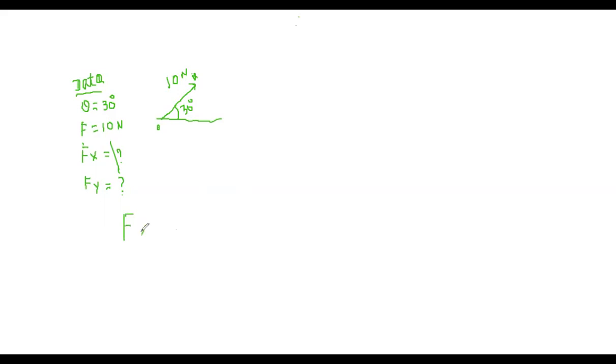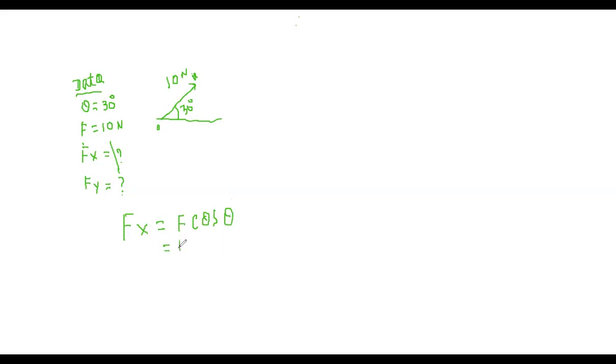This is the Fx you are going to find, and F cos theta is the formula. What is F here? You can see it in the data, and theta you can see in the diagram and data, which is 30 degrees. So students, you have to mention the formula first, and then you have to put the values here.